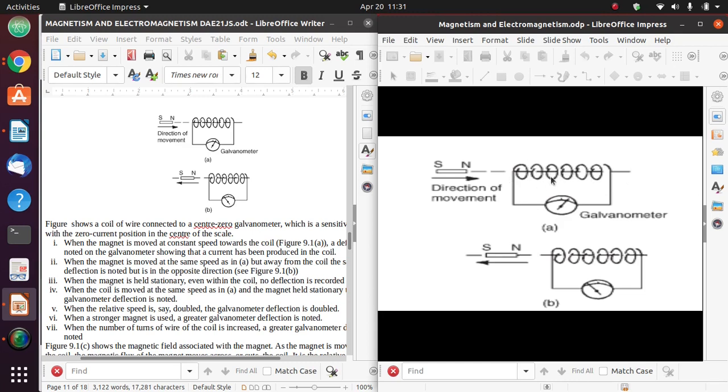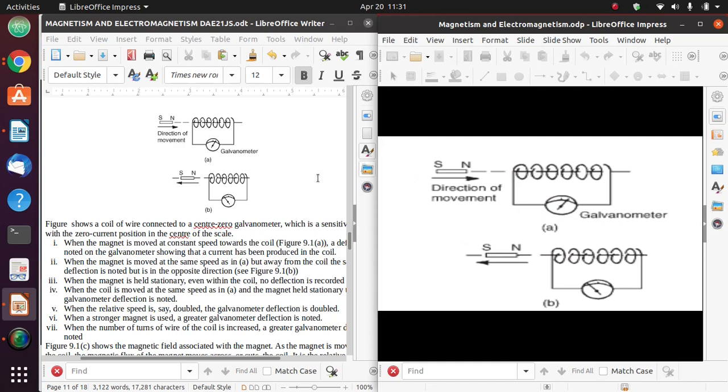There has to be relative motion between the magnetic field and the conductor, so that we can have induced voltage, and that induced voltage in the conductor produces a current if that circuit is complete. In this case, we have a complete circuit. So there is a current which is produced, which is being indicated by the galvanometer.